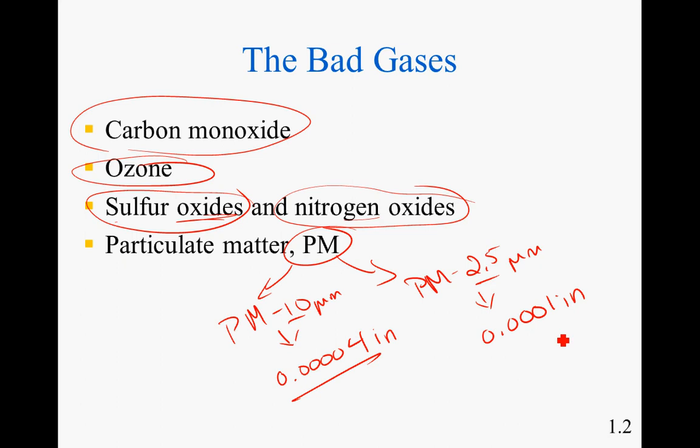So these are extremely small particles. And essentially what we're talking about is somewhat like dust particles, like tiny solid particles or little droplets of water. A lot of these occur naturally, but our activities have been making them worse. So driving cars, burning coal, things like that are making these things worse.